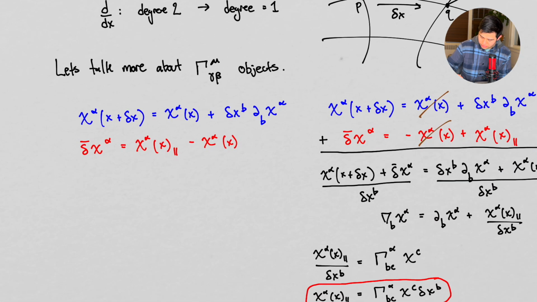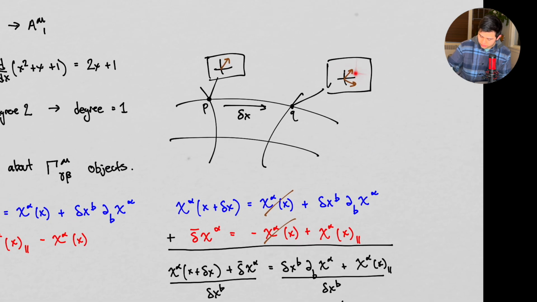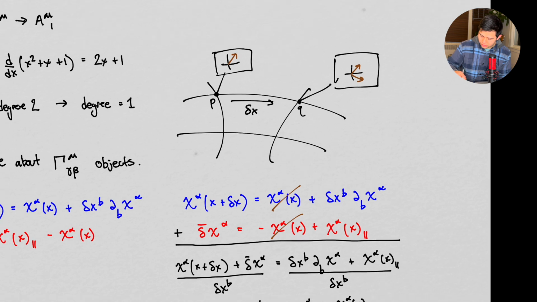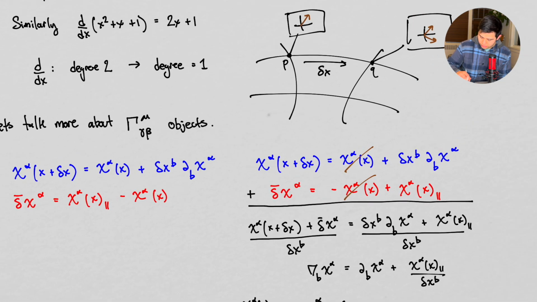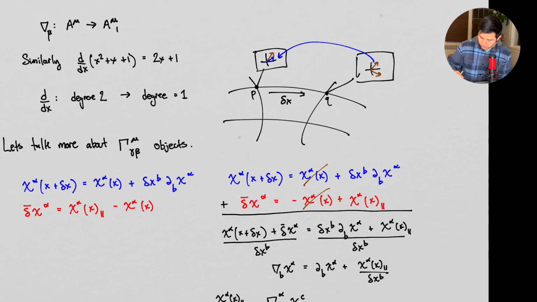Then what that means is that we can't compare this guy to this guy. But if we say that this guy can be transposed to P, and when we do that, suppose it looks like this, okay?